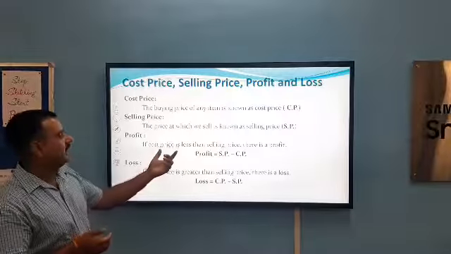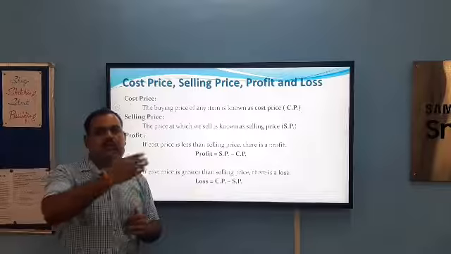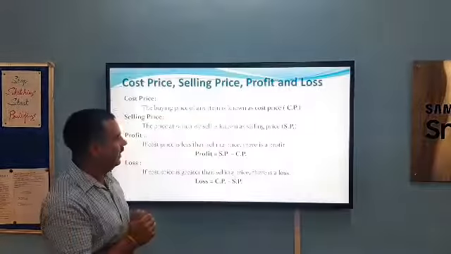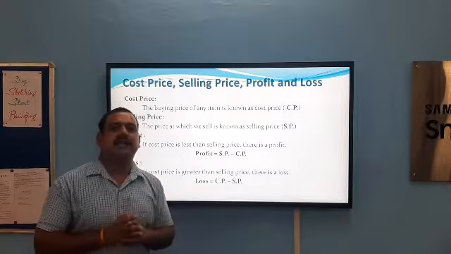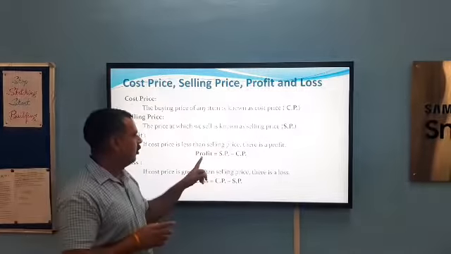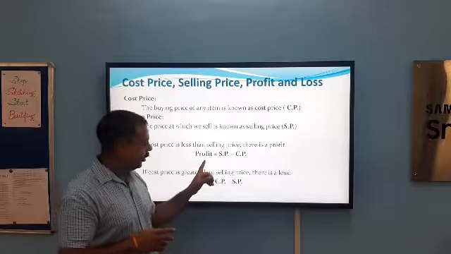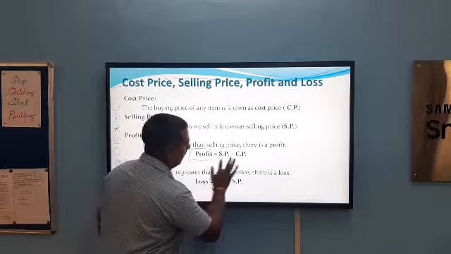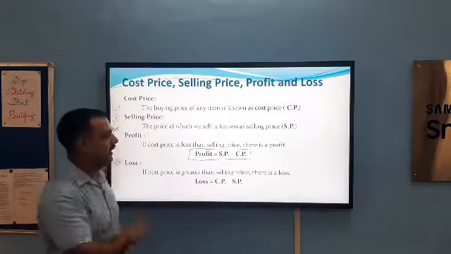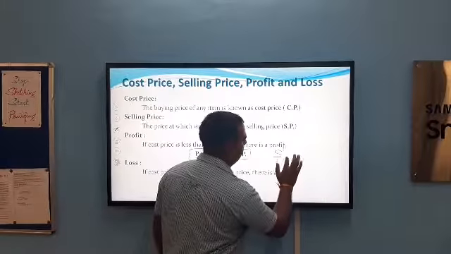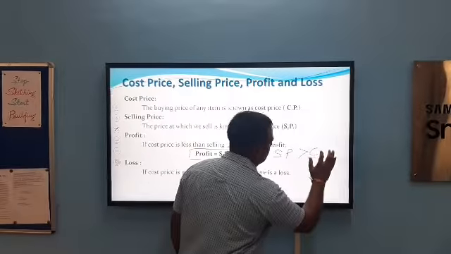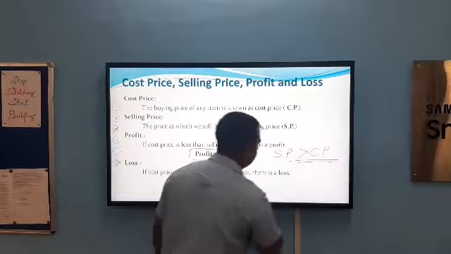So if cost price is less and selling price is more than the cost price, then the difference between the selling price and cost price is known as profit. So profit is equal to selling price minus cost price. Here selling price is always greater than cost price.